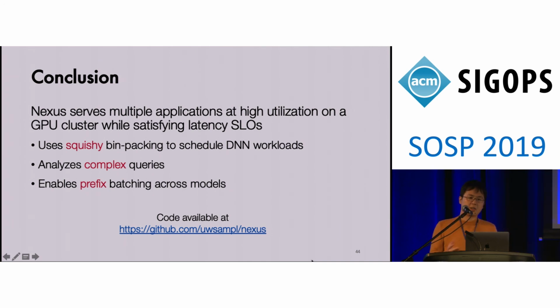Okay, I think I can break this question down into two. The first one is, as models get larger, can we still allocate multiple models on the same GPU? I agree the models are getting larger, but you can also see another trend of research trying to compress these models into smaller ones. We can also see a trend that hardware is getting more and more powerful, so we can do more and more work at the same time.